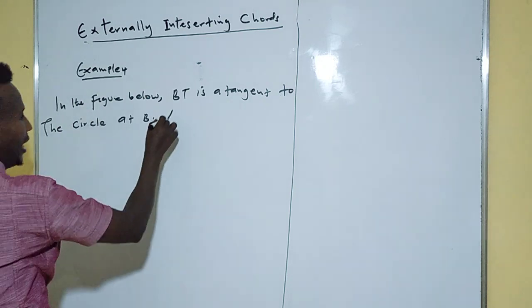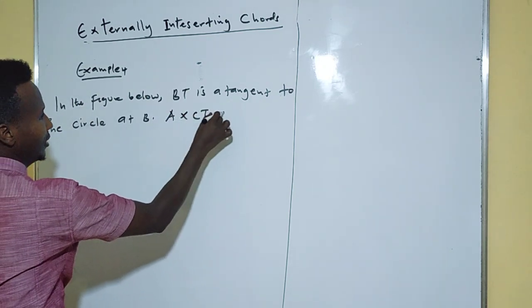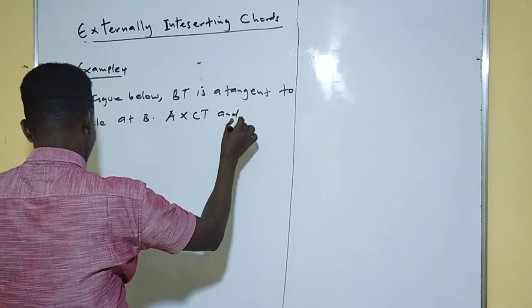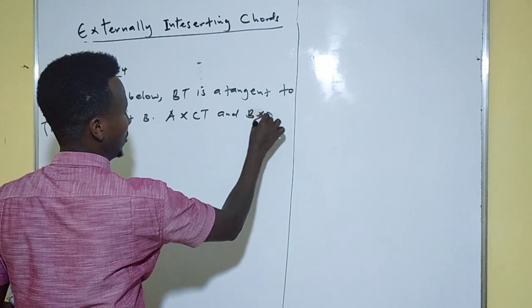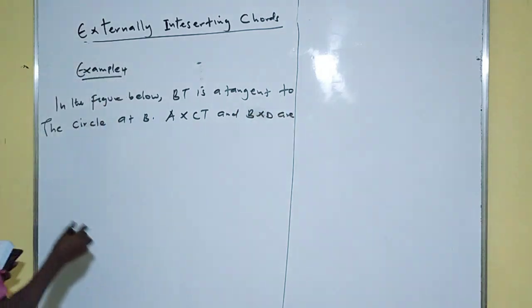You're told AXCT and BXD are straight lines.